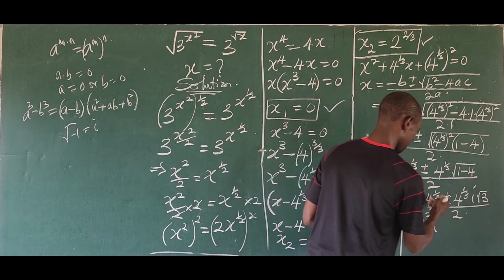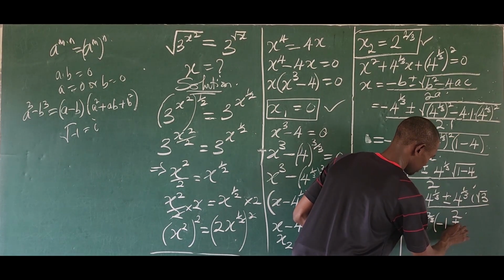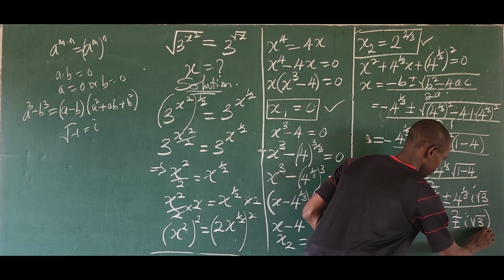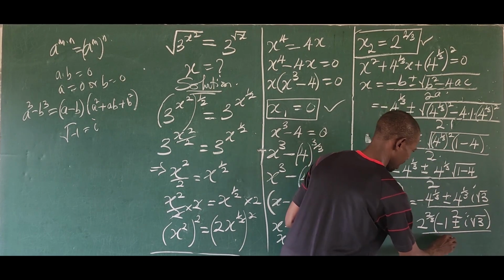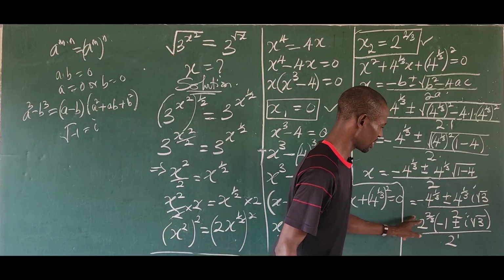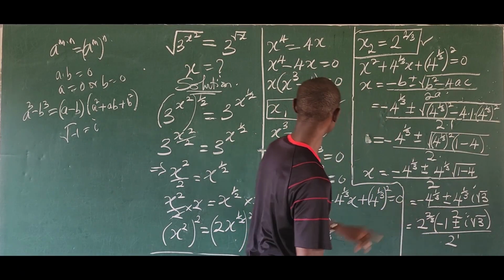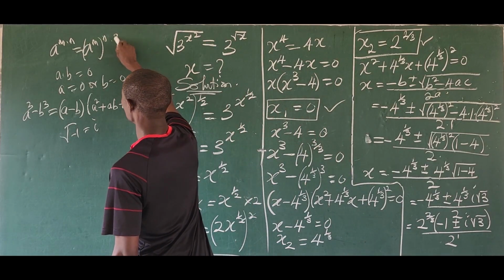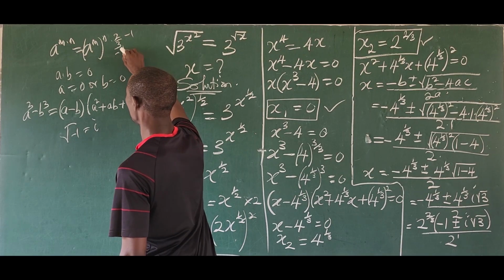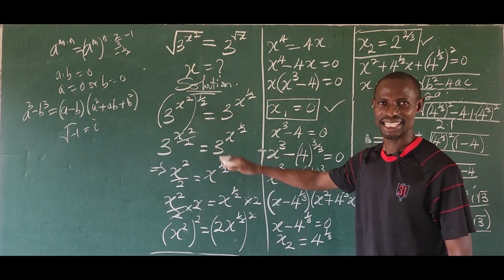So if we use this to divide this, we are left with minus 1 plus minus, then this we are left with iota root 3, close bracket, all over our 2 raised to power 1. So we can use this and this to divide out. So if we divide out, this is going to give us our 2, and we're dealing with the powers 2 minus 1. So this is going to give us minus 1 all over 2 at the exponent.